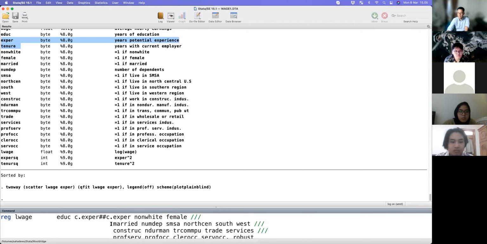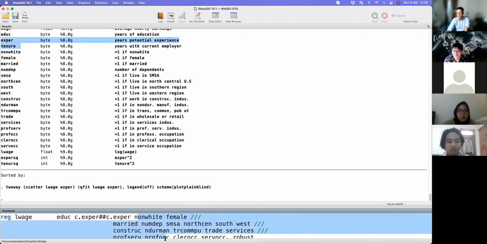Basically, you regress log of wage on education, on experience, and the square of experience. I declare to Stata that experience is a continuous variable, and c.expr double hashtag c.expr means that I'm going to regress log wage on experience and the square of experience.